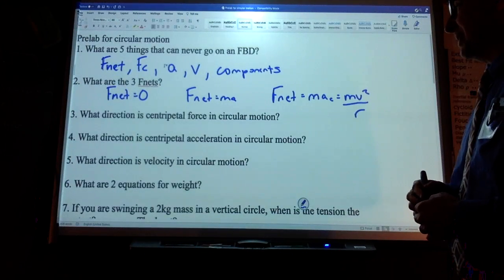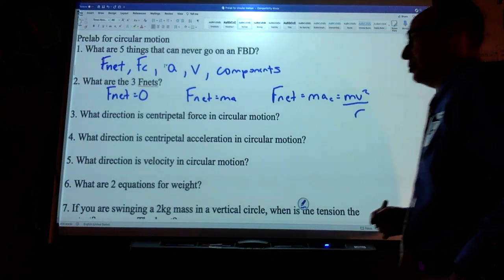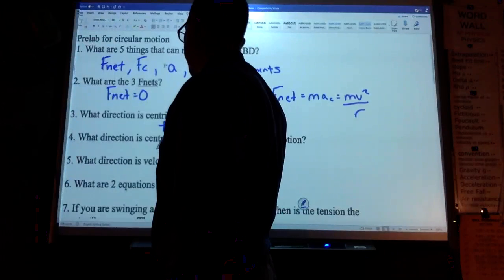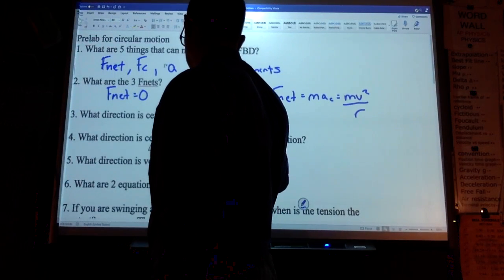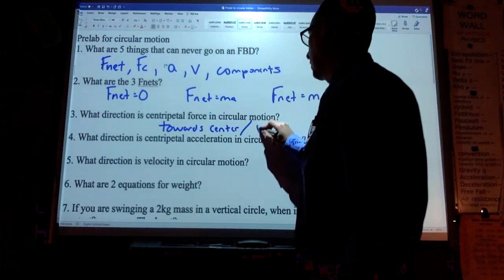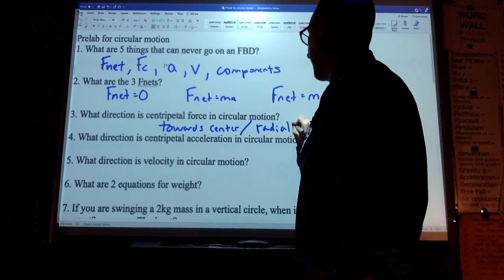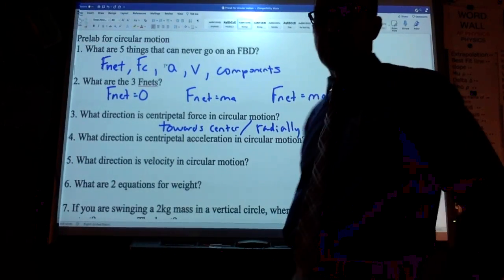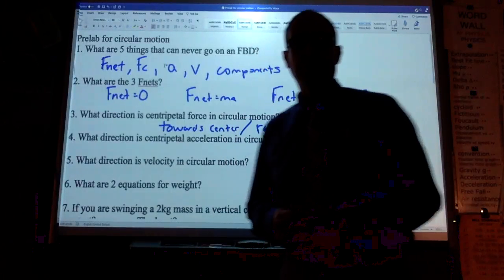In what direction is centripetal force in circular motion? It is always center seeking, so towards the center, or you can think of it as radially inward. So in the direction of the radius, but towards the center.